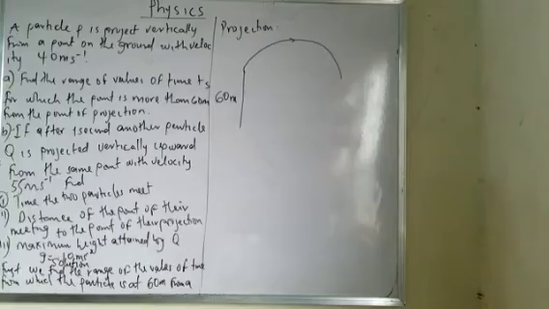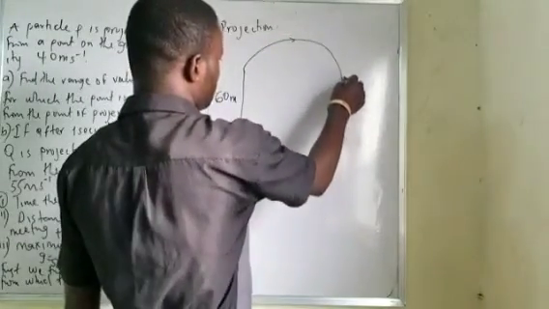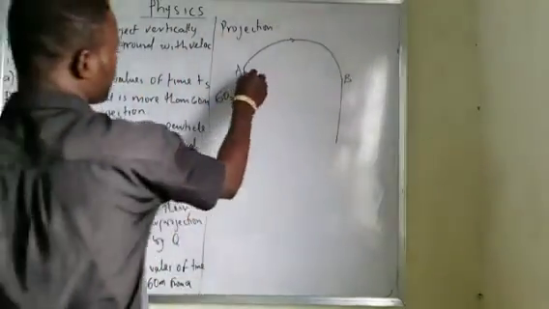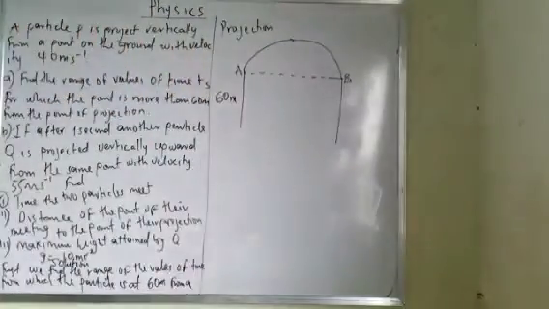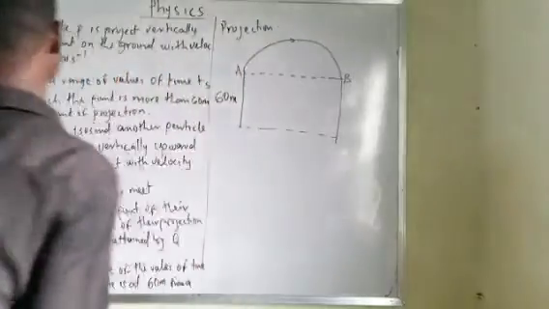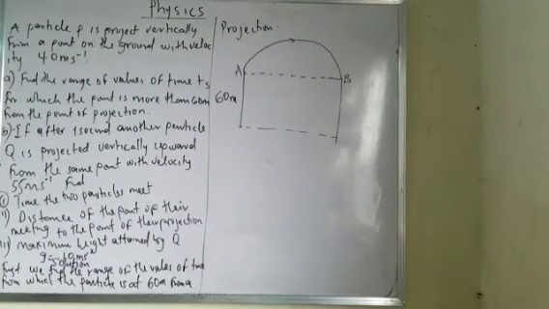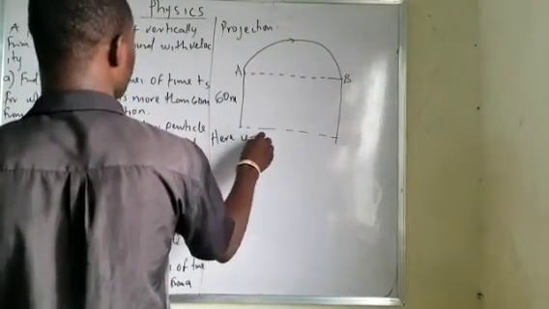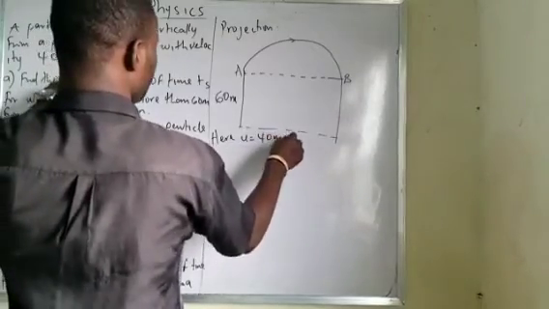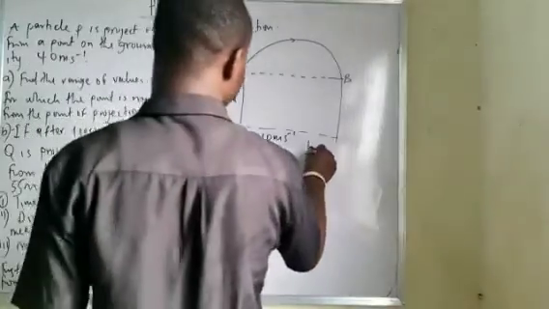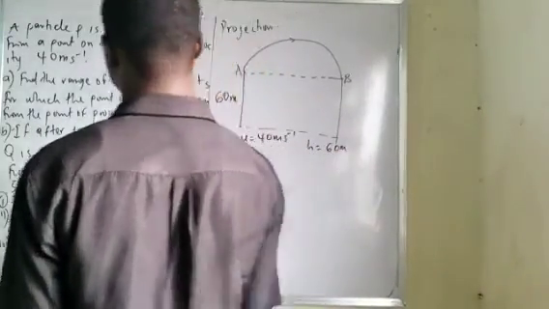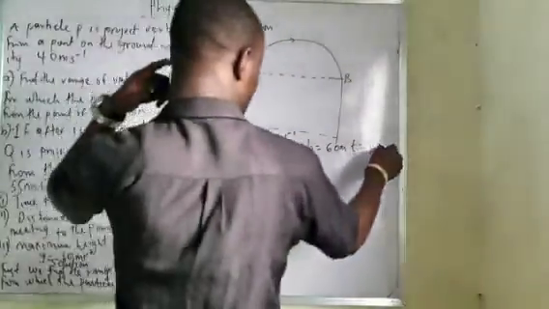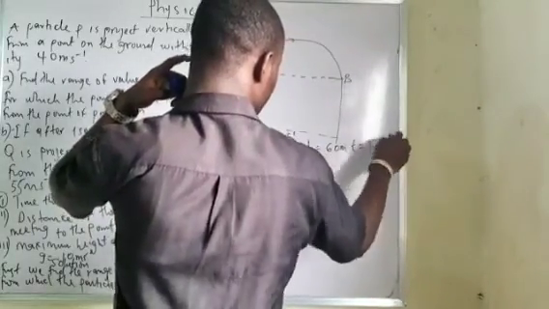Let me call this place B and this is A. The first thing we are asked to do: we have u to be 40 meters per second, my height is 60 meters, my t I don't know, and my g is 10 meters per second squared.